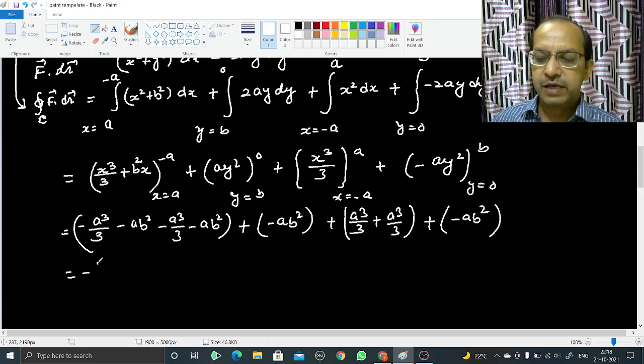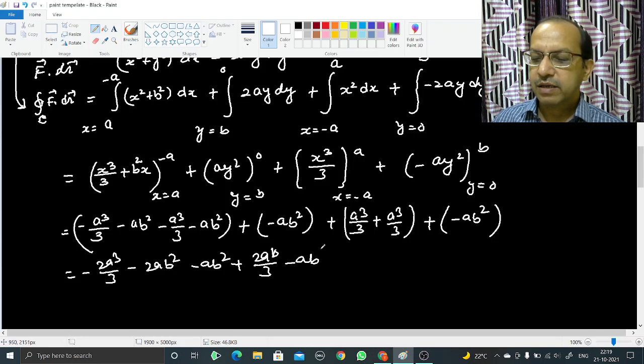So it will be minus of 2a cube by 3 with this one, minus of 2ab square, then minus of ab square, plus of 2a cube by 3 and minus of ab square. So 2a cube by 3 and 2a cube by 3 minus cancel out. It will be minus 4ab square.